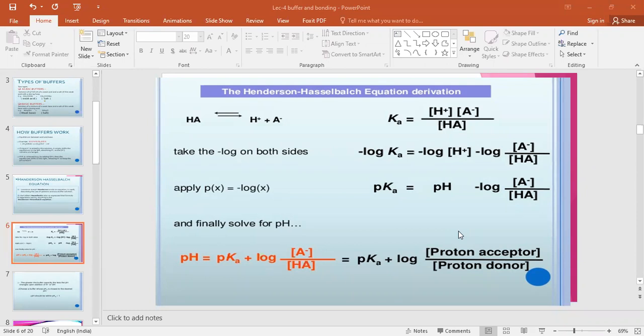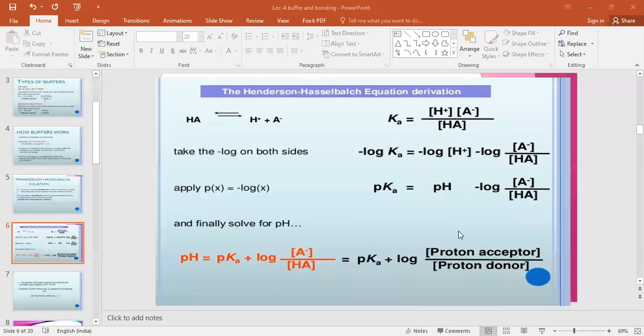This is used to calculate the pH of the buffer system or any component of it. You can calculate the concentration of acid in that buffer by using this formula. You can calculate the proportion or concentration of base in that buffer by using this formula. You can calculate the dissociation ratio by calculating the pKa value using this formula.